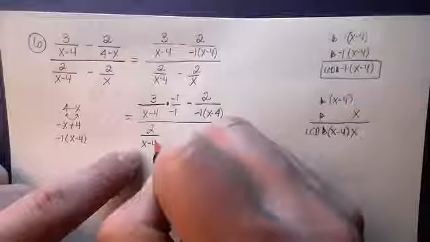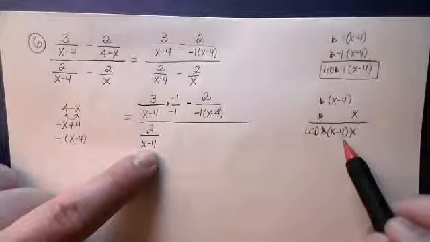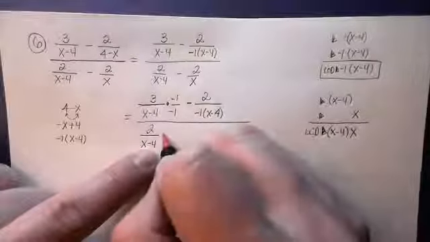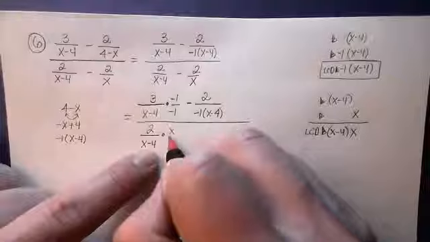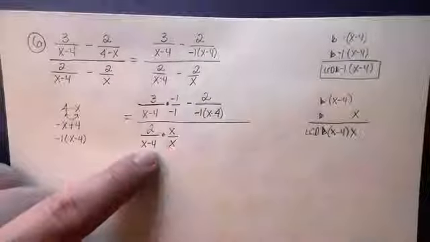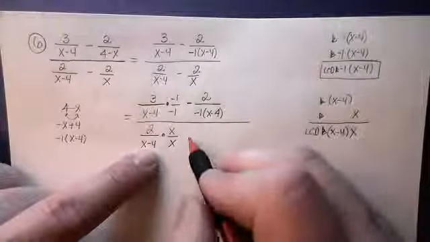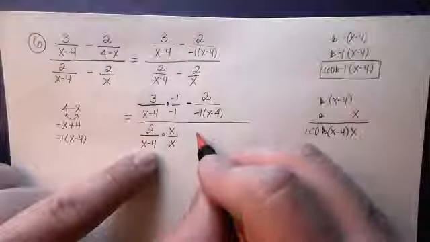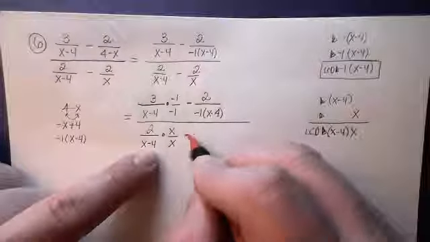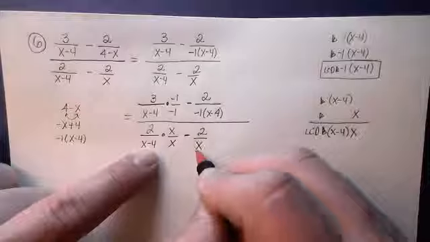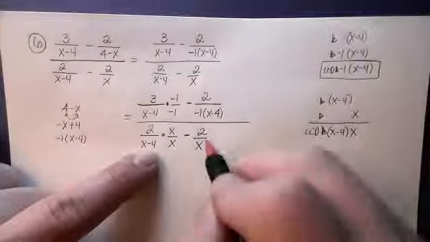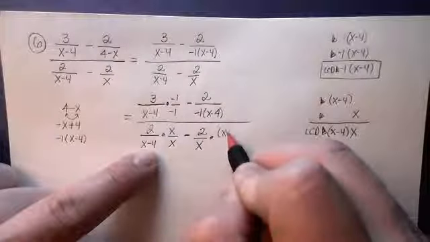We ask ourselves, what are we missing from the denominator here when I compare with the LCD? And the answer is I'm missing an x, so I'm going to multiply top and bottom by x. And copy the second fraction, 2 over x. And compare with the LCD, and what am I missing? I'm missing x minus 4.